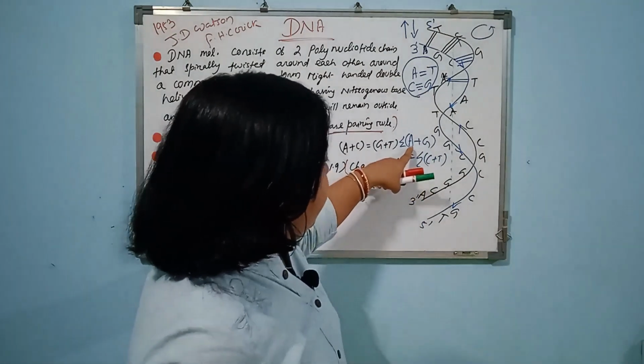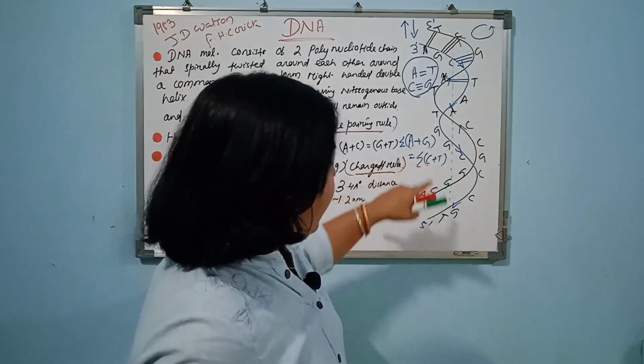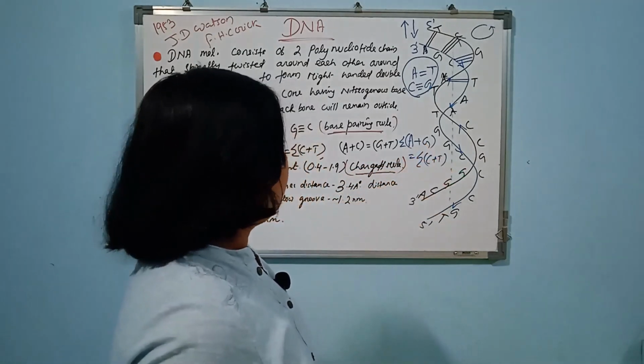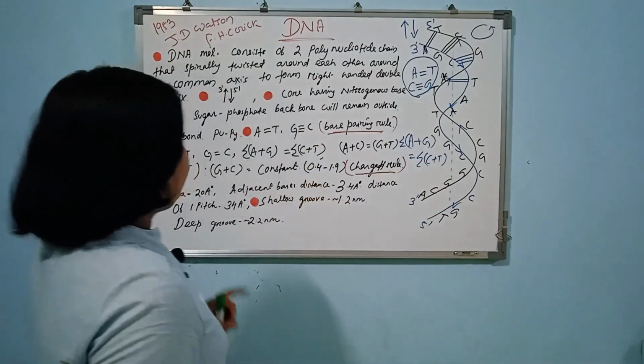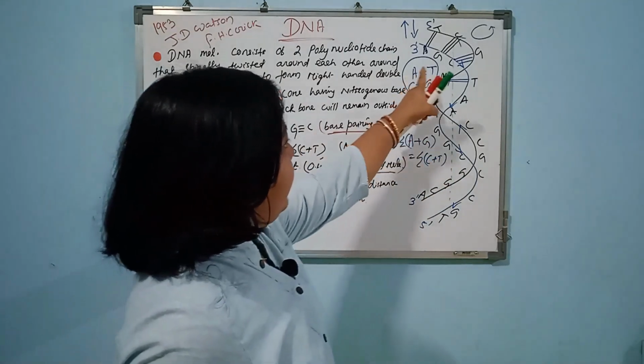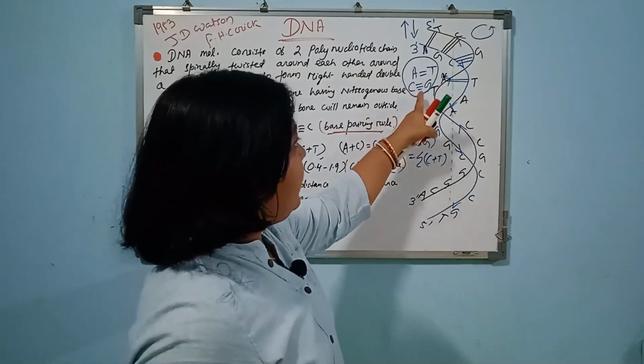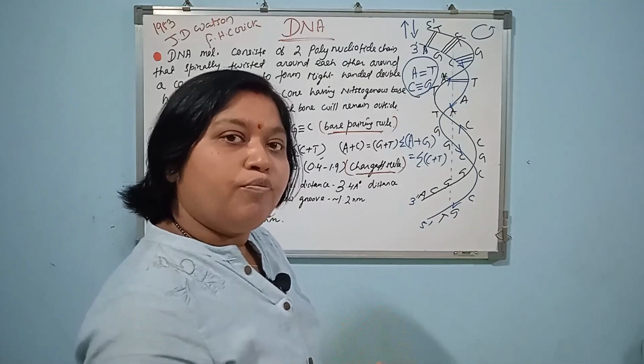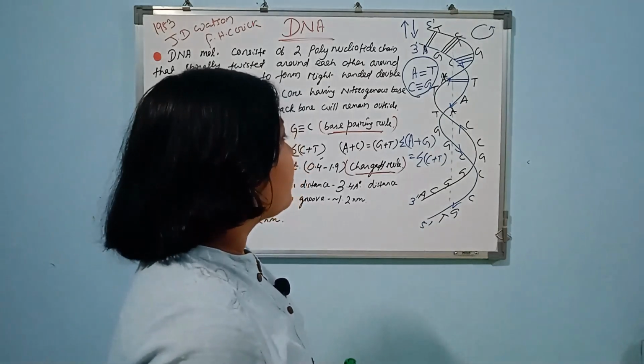So adenine and cytosine, if we add, it is equal to guanine and thymine. And the ratio between adenine and thymine with cytosine and guanine is constant. It will vary from 0.4 to 1.9.